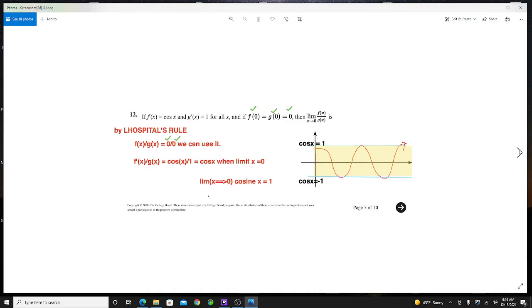So that means the limit of negative sine x over x is 1, for example. I'm sorry, the derivative of sine x is cosine x. Okay, so that was using L'Hopital's rule for that unusual ratio function.